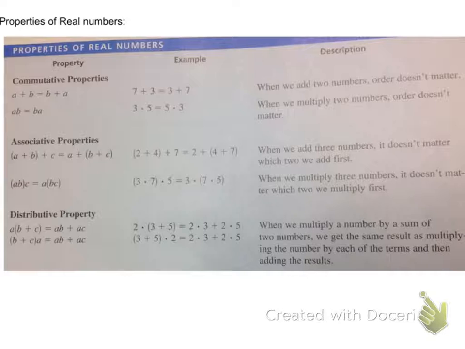We also have the associative property. The associative property, when adding or multiplying, says that you can add 3 different numbers and group the pieces differently. You can add the first 2 together, find that sum, and then add the third one. Or you can add the last 2 and then add the first one.